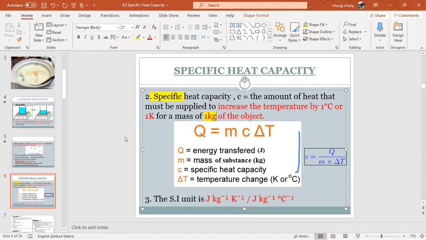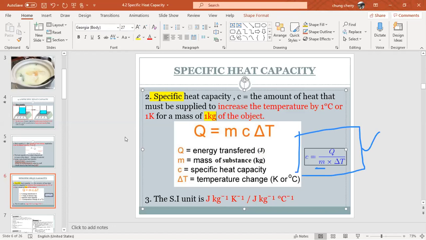If you compare the formula for heat capacity and the formula for specific heat capacity, which is this one, both are about the same, just that specific heat capacity adds in another mass here. So that's why specific means 1 kg of the mass.